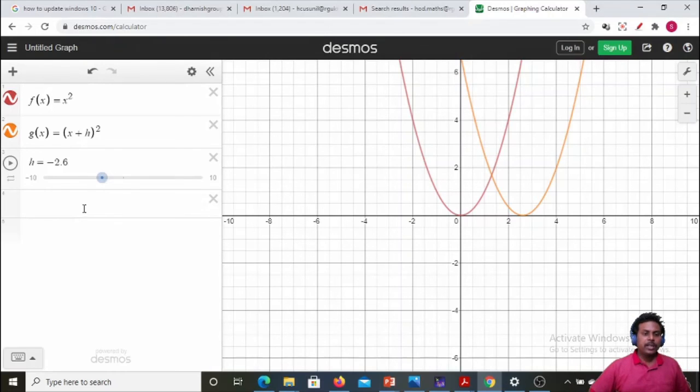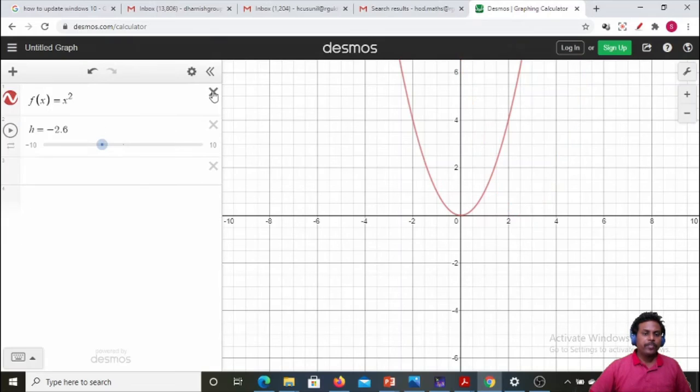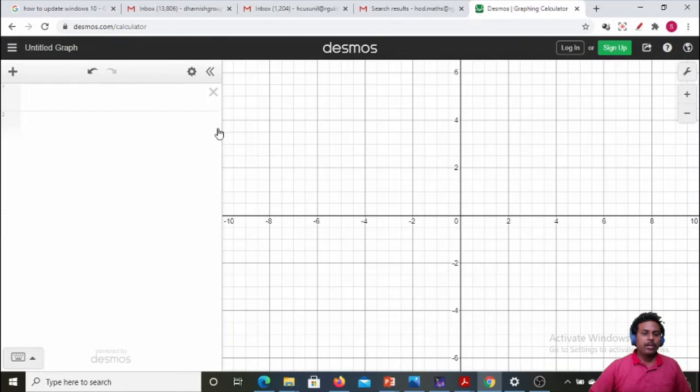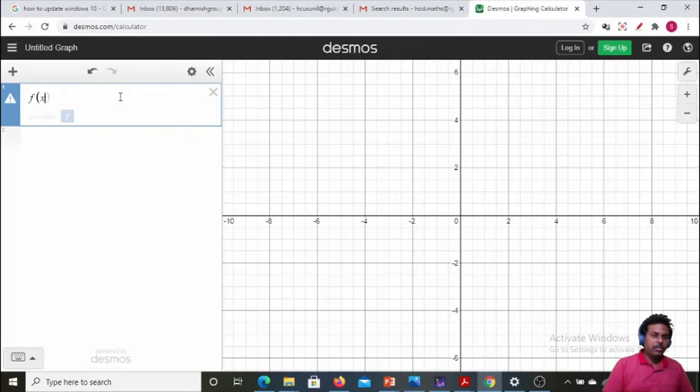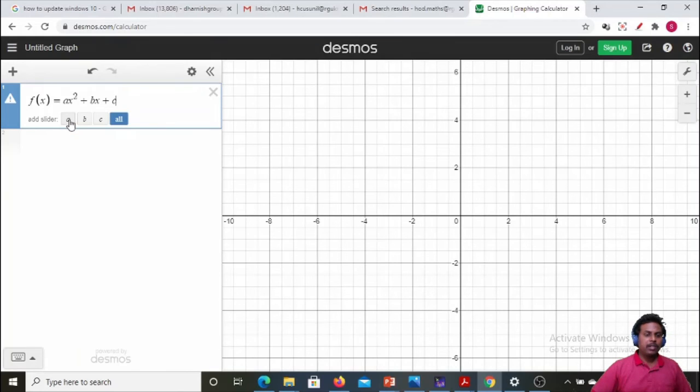Now let us try to understand all the three simultaneously. Now I am going to give f of x is equal to ax square plus bx plus c. Okay, now I am changing all the values.